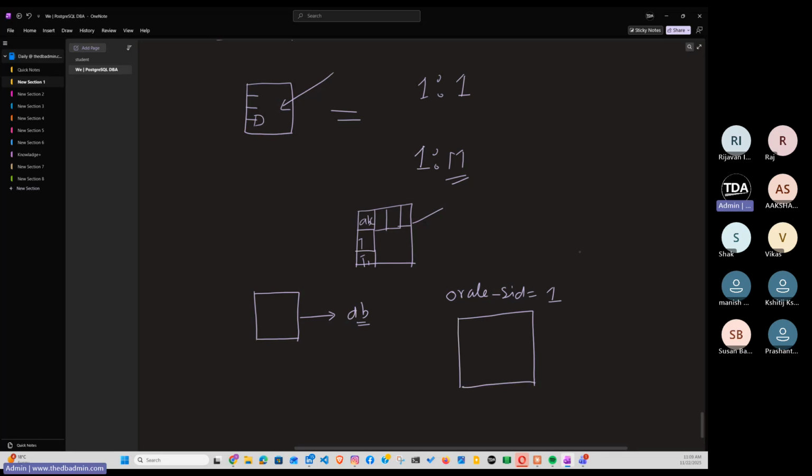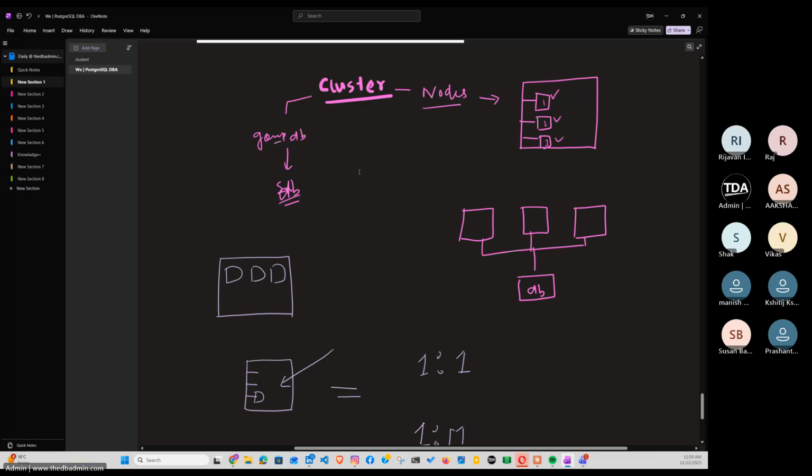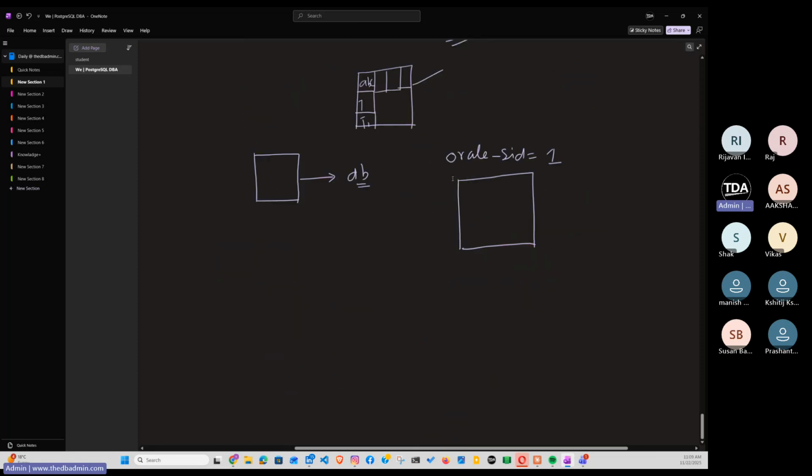How many of you are Oracle DBAs or from the Oracle side? Because for you, this concept is a little different. So this is the first thing where you have to make a small change in your concept. Otherwise, when I refer to these things again and again, you might get confused.